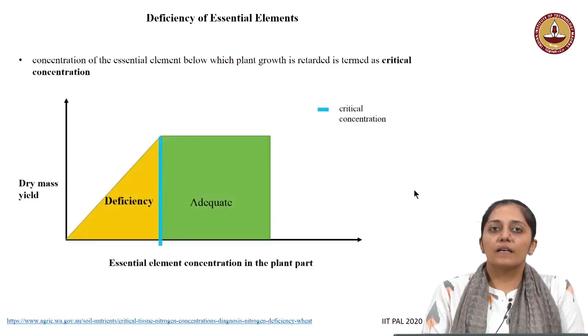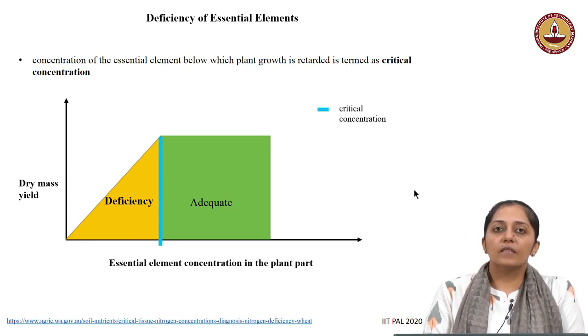So, how to understand the deficiency of any element? If you see the plot shown on the slide between dry mass yield and the essential elements concentration in the plant, below the critical concentration, which is shown here by the blue color line, to define critical concentration, it is the concentration of the essential element below which the plant growth is retarded.